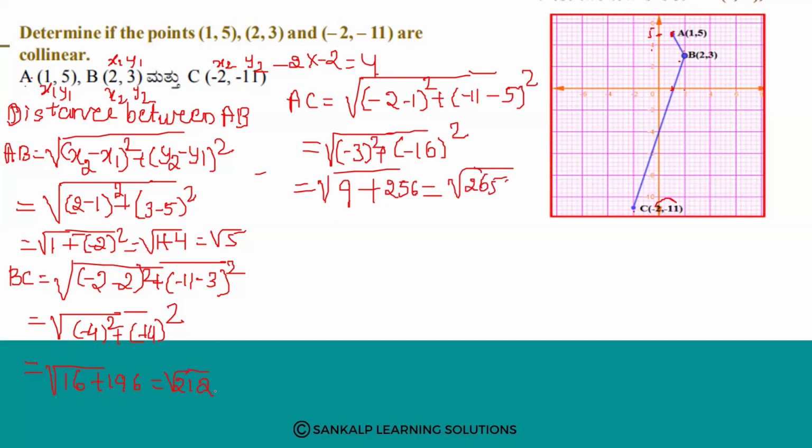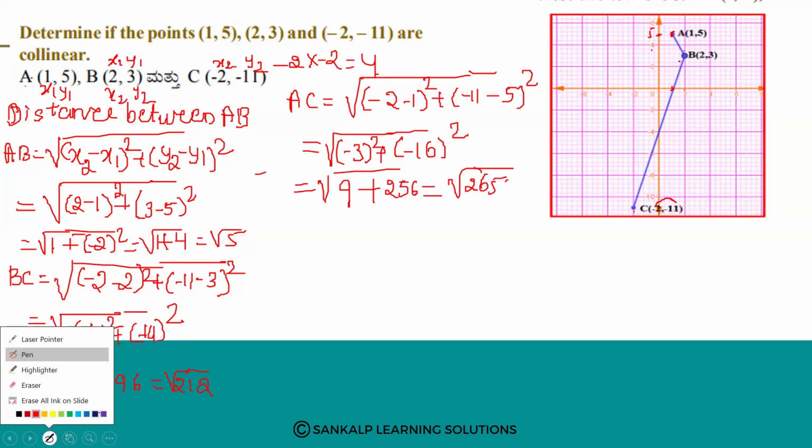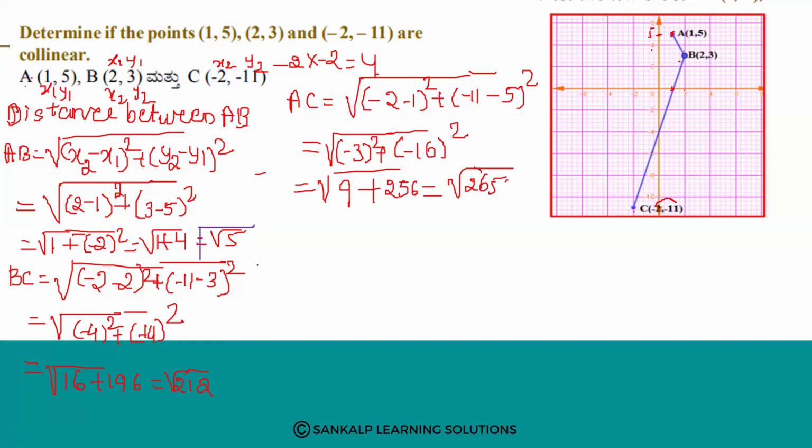Now, observe carefully. This is the value of AB. This is the distance of BC. This is the distance of AC. When these three are collinear, then what should you get? If it is collinear, AB plus BC should give you AC. Okay, let's try.